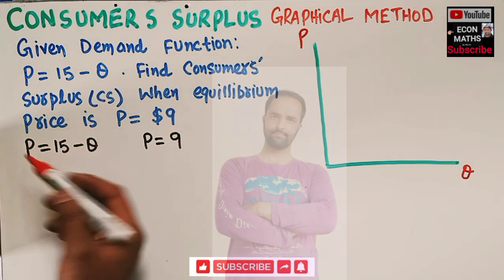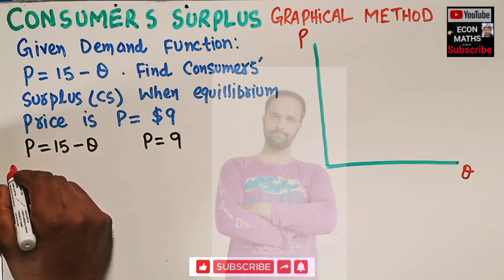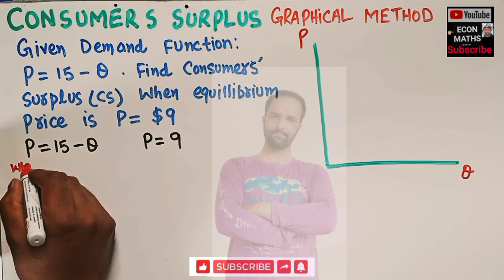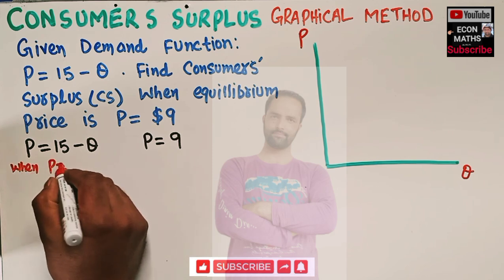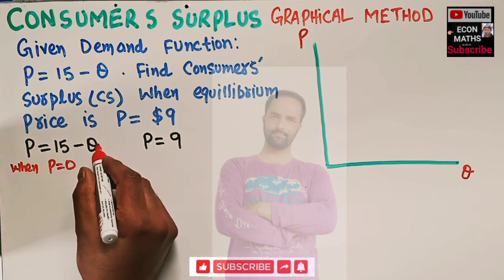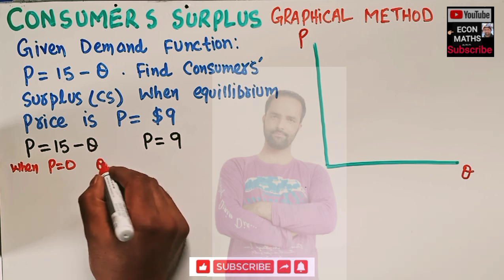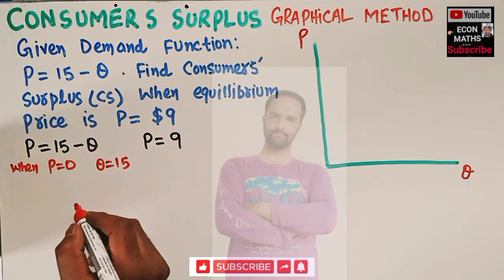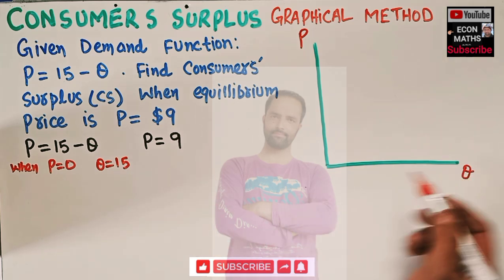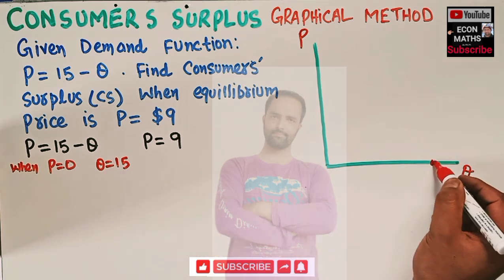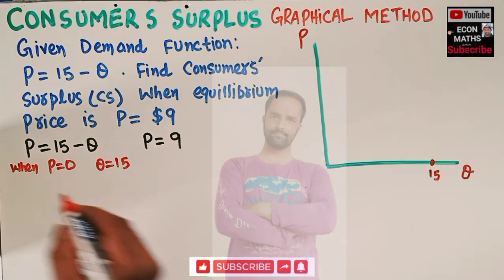To draw the graph, when P is equal to 0 in this equation, Q will be equal to 15. That means on the quantity side the intercept is 15. Let us say this point denotes 15.